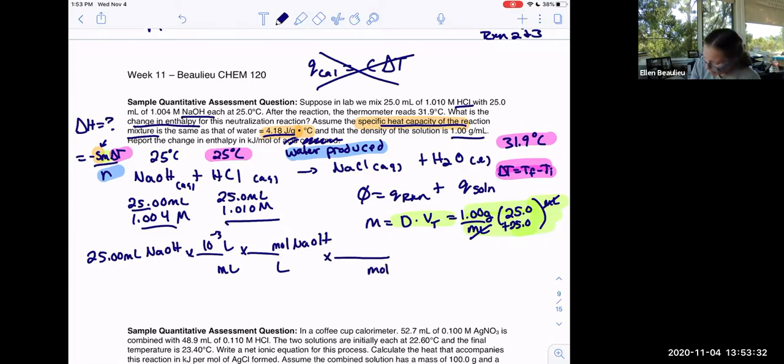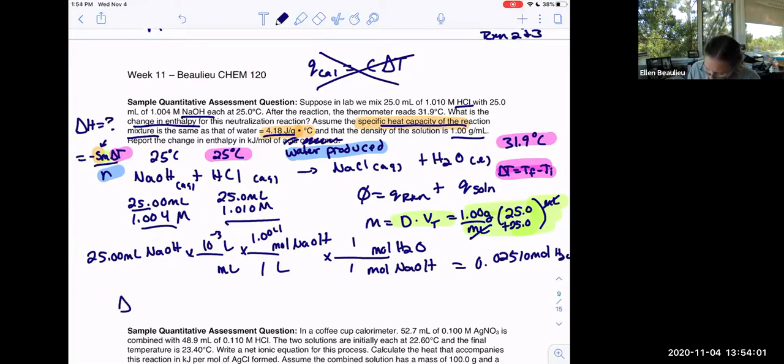But I want to know about the amount of product that I produce. So I'm going to take this into moles of water. So 1 to 1, 1.004 moles per liter, and I get 0.02510 moles of water.